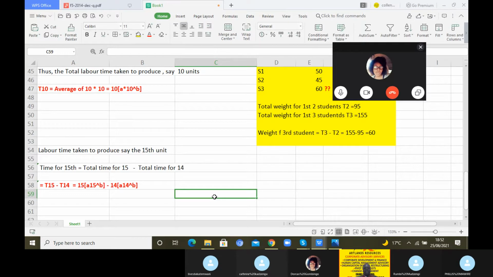I want you to follow the same approach here, but put it in the notation given in red. How would you calculate labor time taken to produce the 100th unit?